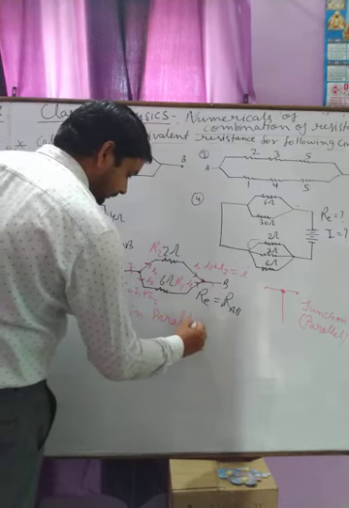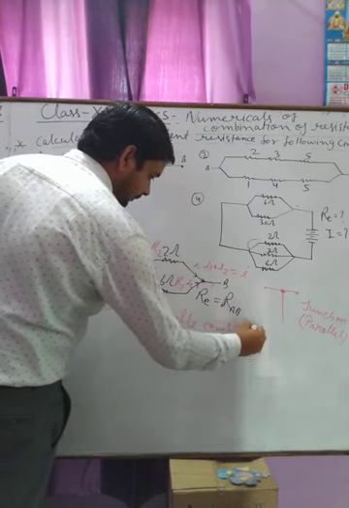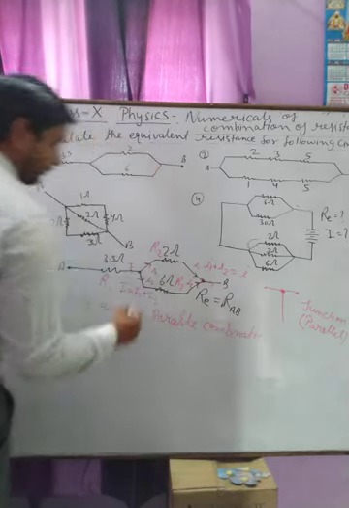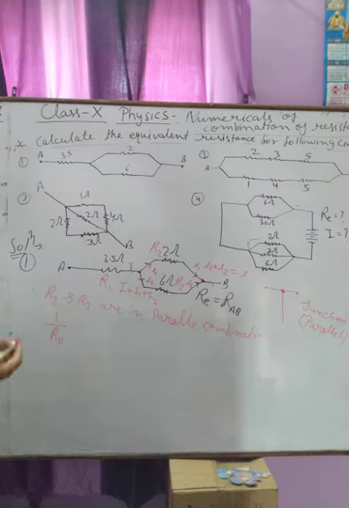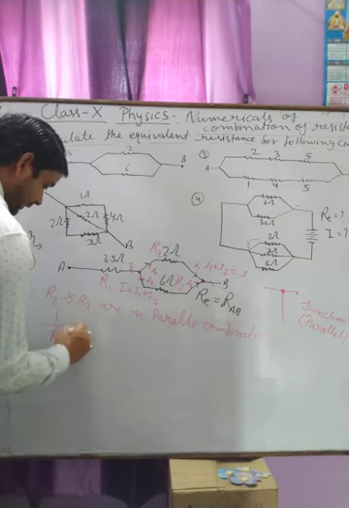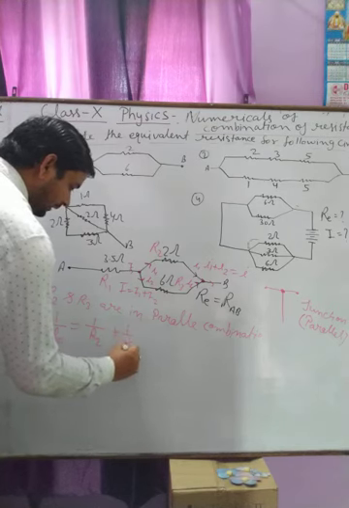Therefore, resistance in parallel combination: 1 upon RP, we will use RP for parallel, is 1 upon R2 plus 1 upon R3.